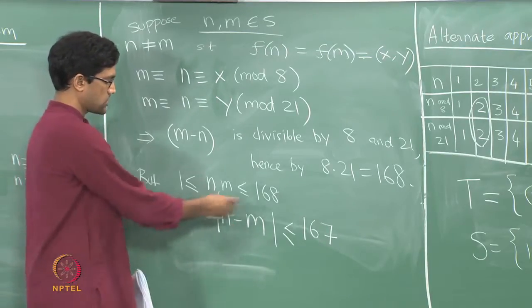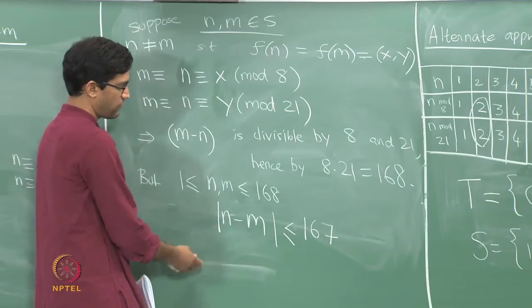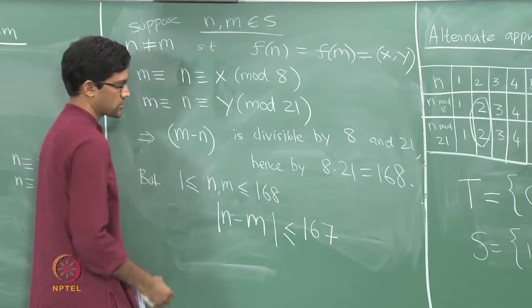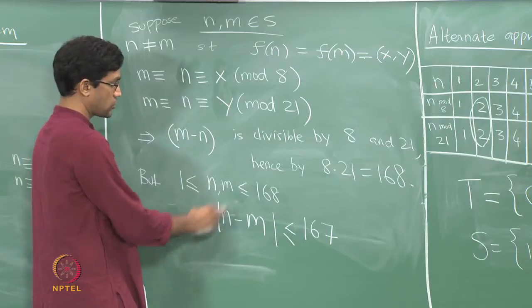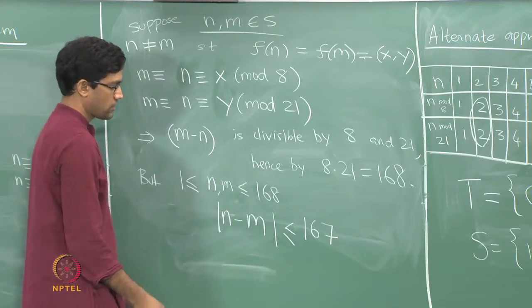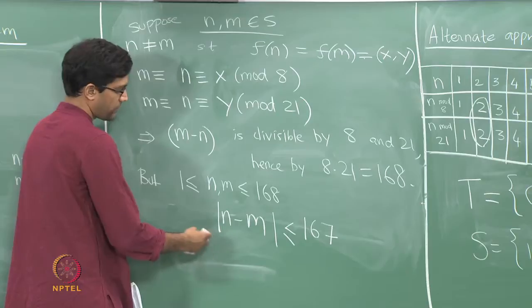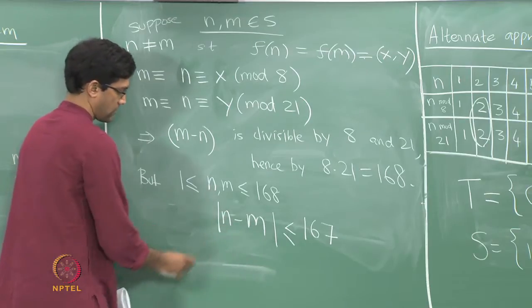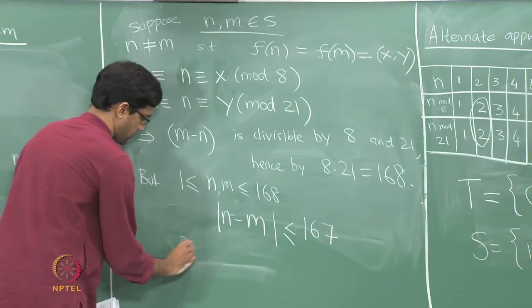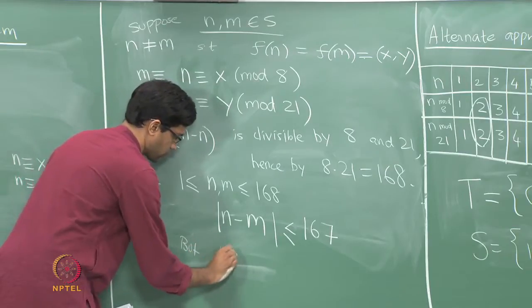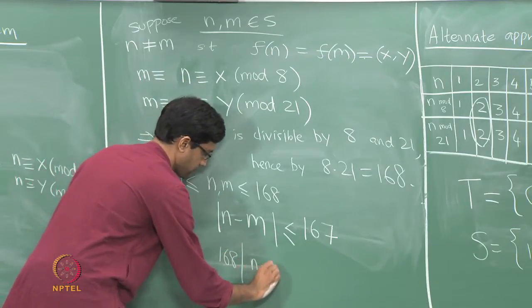Okay, so what does this mean? N minus m is therefore a number between plus 167 and minus 167, but it's also supposed to be a multiple of 168. So the only way that can happen is if it is 0. Okay, but we also know that 168 divides n minus m.